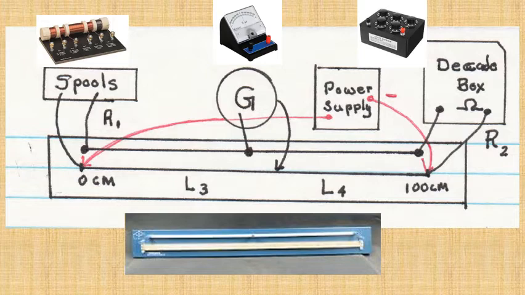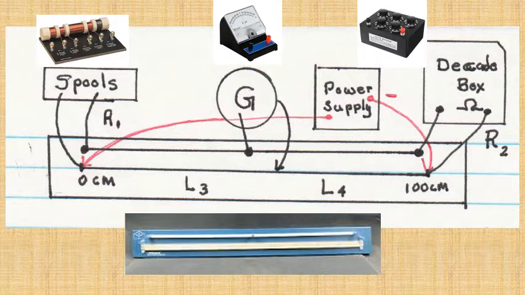The decade box is connected to the other end of the steel rod and the 100 centimeter post as well. So we have two wires at the 100 centimeter post. In between post, we hook up our galvanometer, and that should be to the positive side.